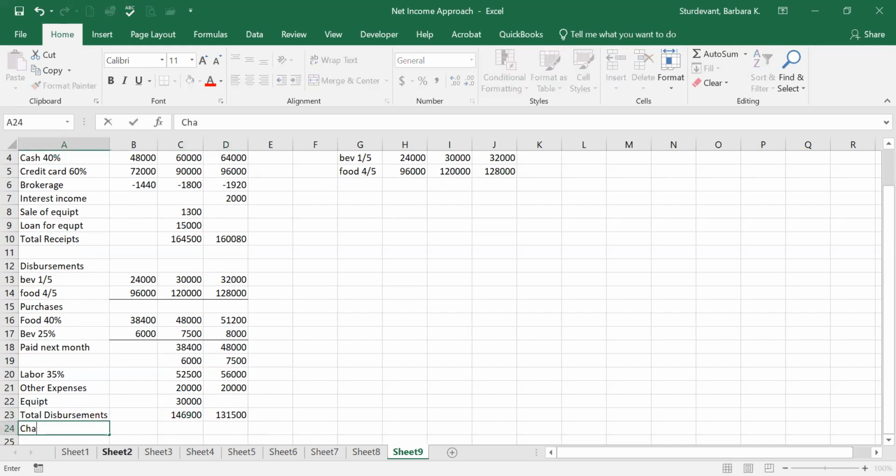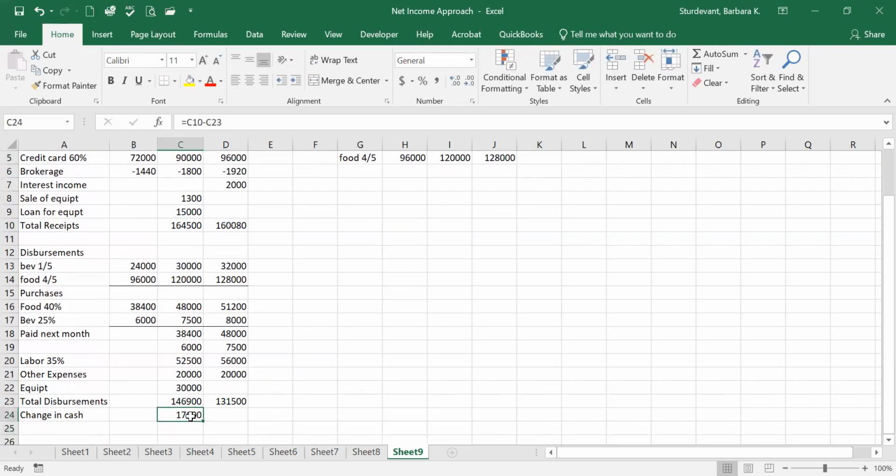Gonna do our change in cash, which will be your receipt minus your disbursements. Our beginning cash, they told us.